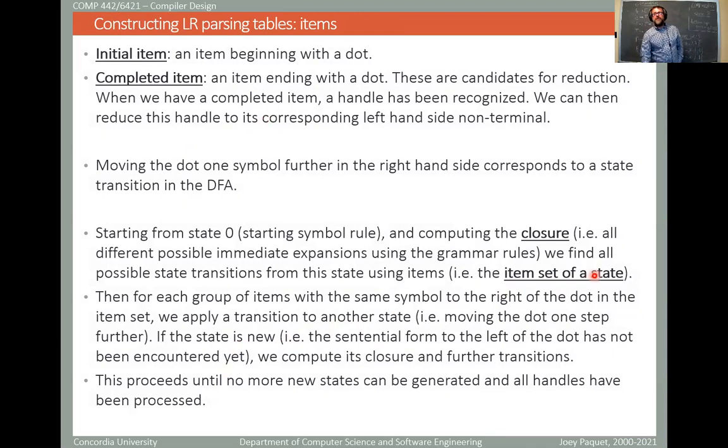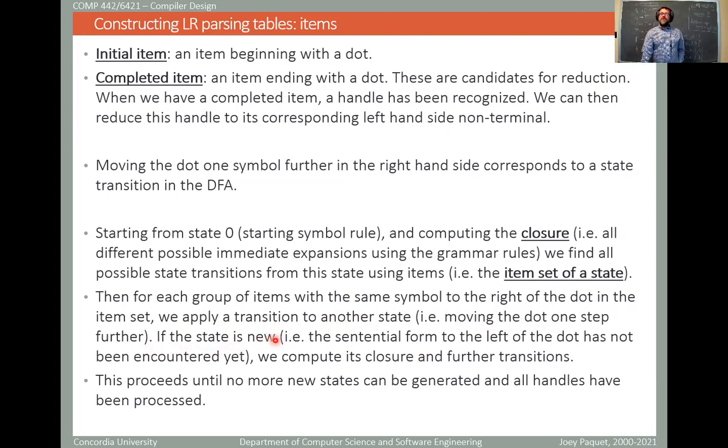So after you've determined it for the state number 0, for each group of items with the same symbol to the right of the dot in the item set, we apply a transition to another state, as I just explained using the graph, the DFA. So essentially here, you're moving the dot one step further in the particular items that you have identified.